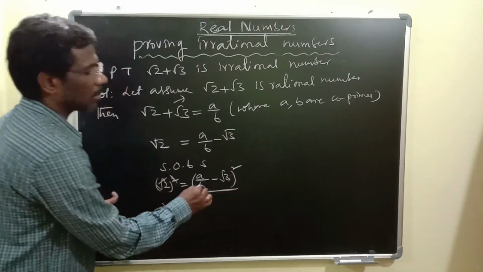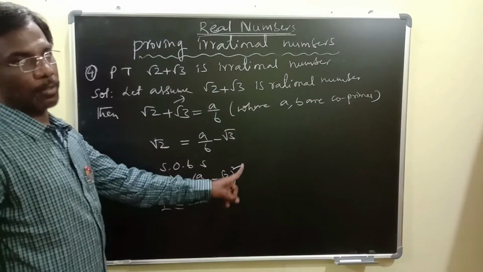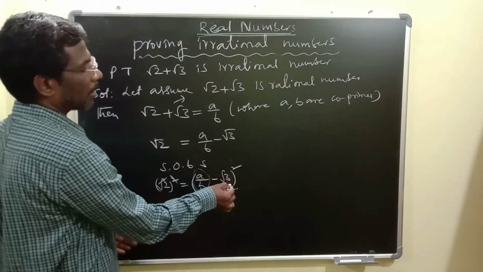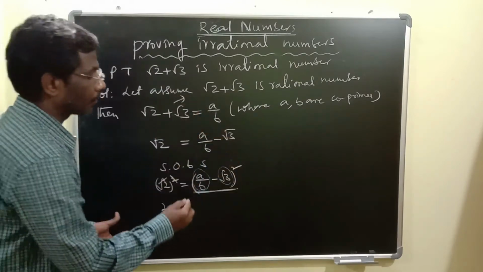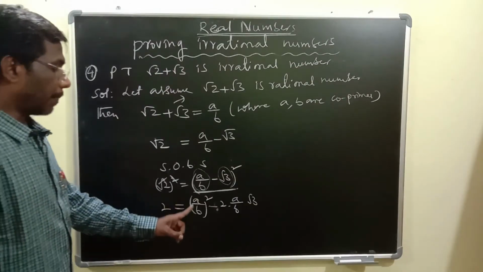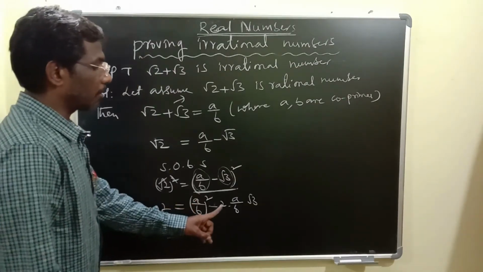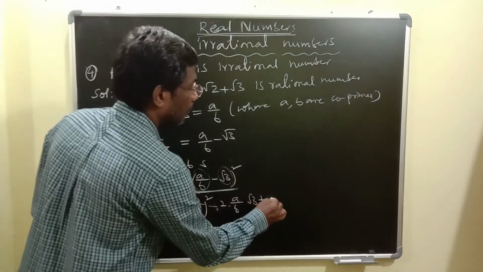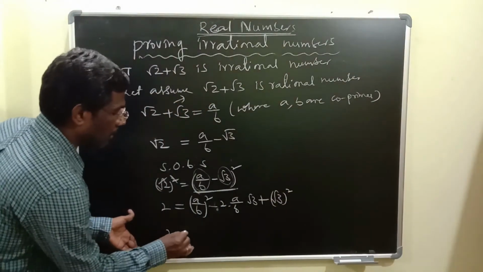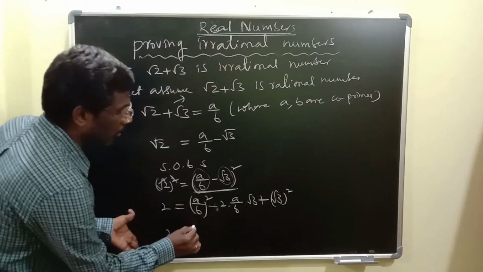Now this RHS term is in the form of a minus b whole square. In place of a, write A by B. In place of b, write root 3. So a square, A by B whole square minus 2ab plus b square. So write this 2 as it is. The square separate for both the values.